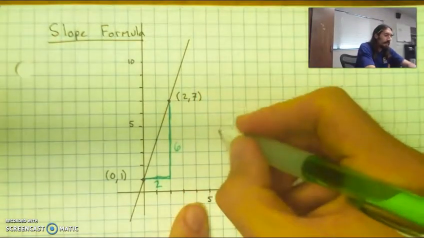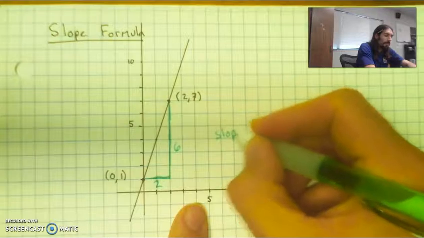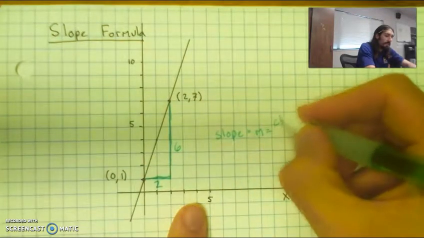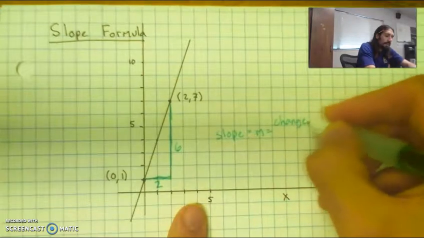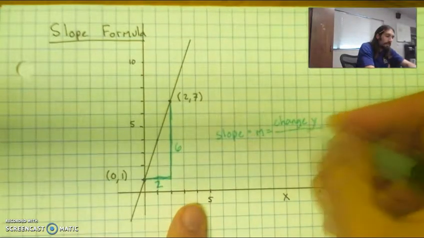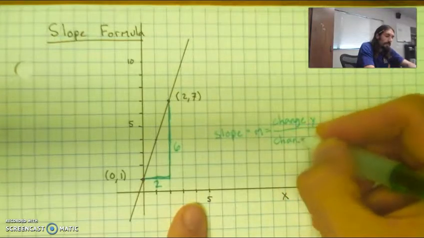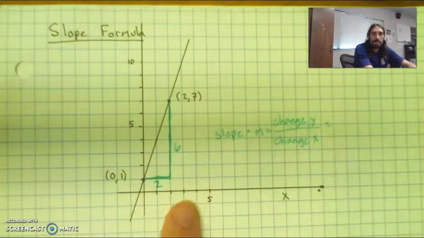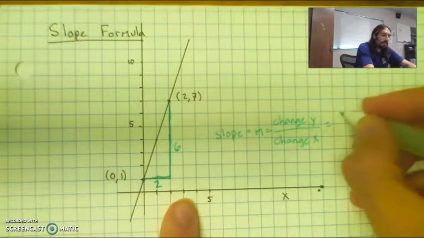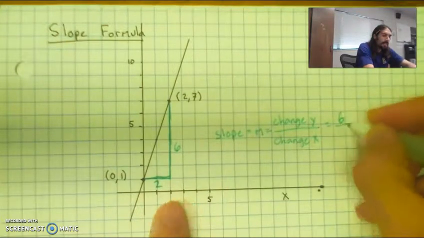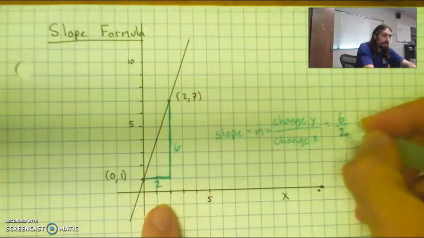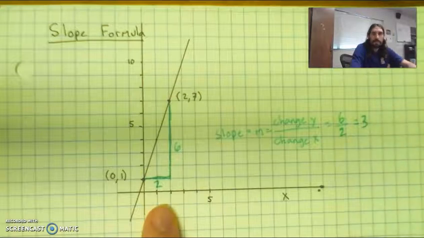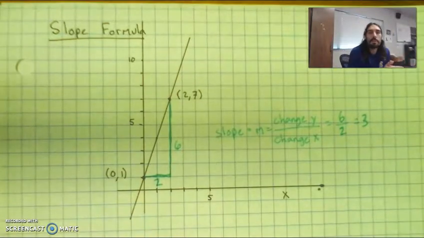And we know that in our slope formula, or M, it's going to be change in y over change in x. And so if we look at those values right there, the change in y would be 6, the change in x would be 2, and so we would get a final slope of 3. And that would be correct.